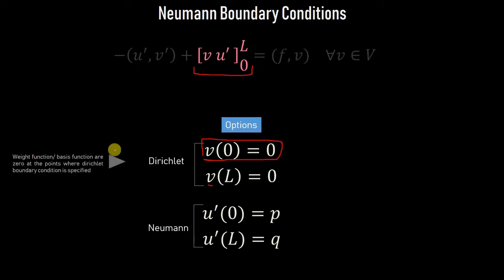Okay, now note that we just need to make sure that the basis function we are choosing is 0 at the point where the Dirichlet condition has been specified. We are not concerned about the Neumann. So do you think that we'll be able to satisfy the Neumann boundary condition? Actually, the answer is no. The direct answer is no, but if you go on increasing the dimension of your space, you would reach a point where, in some sense, you are getting closer to satisfying the Neumann boundary condition.